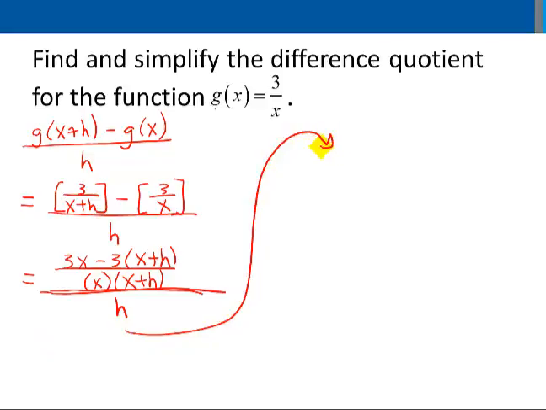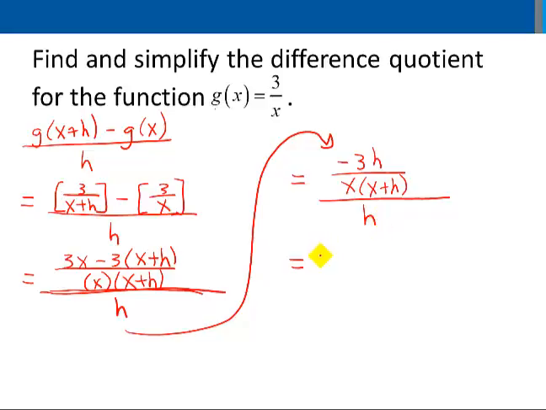Okay. Well, to simplify here, we have 3x minus 3x minus 3h, leaving me negative 3h over x times x plus h. This is all over h. And if you think about it, dividing by h here is the same as multiplying by 1 over h.